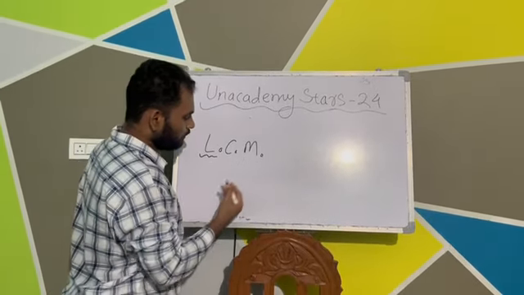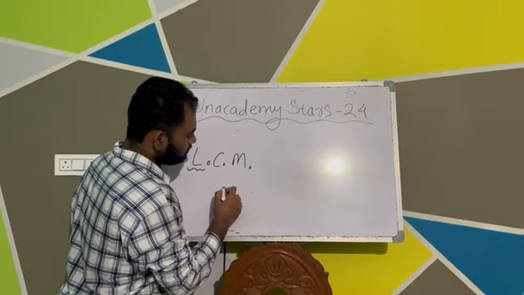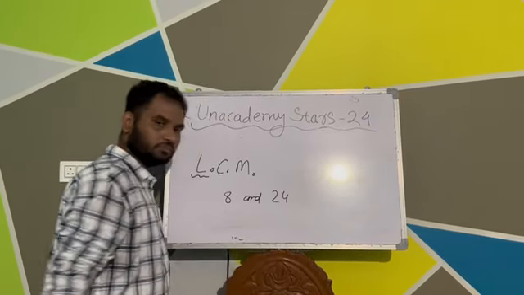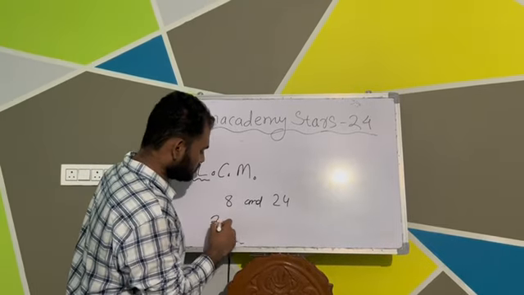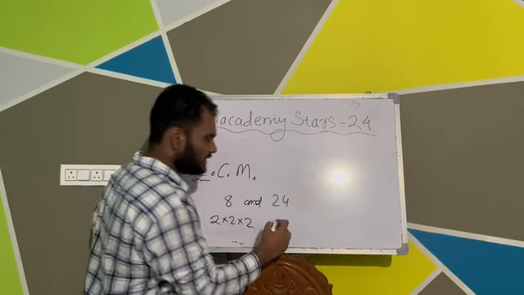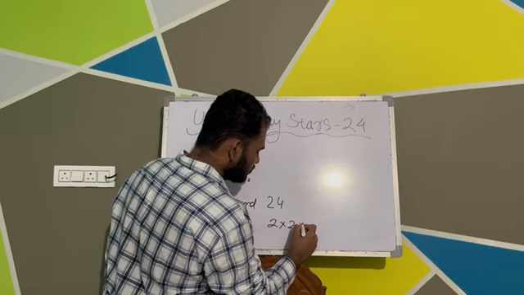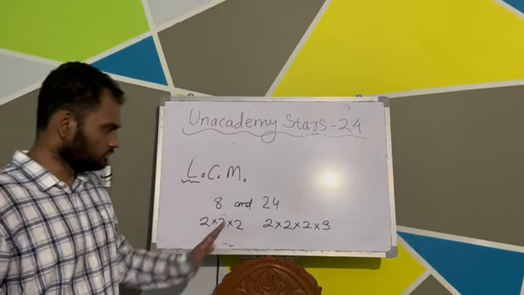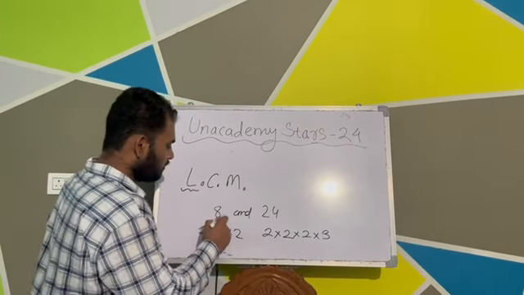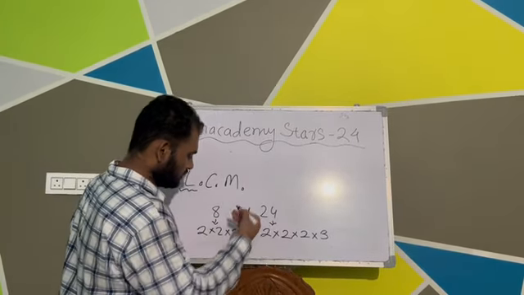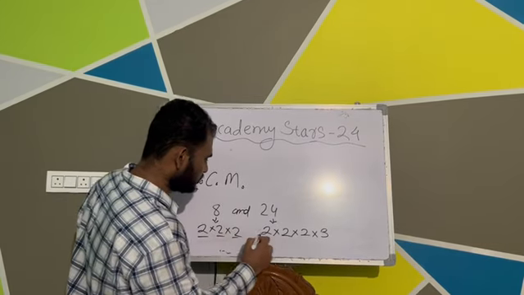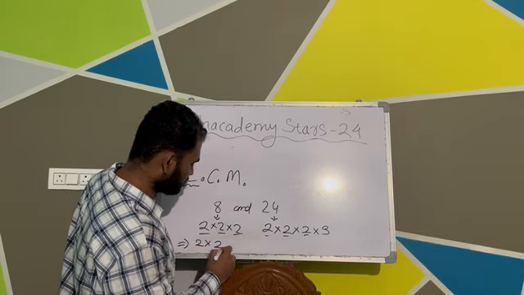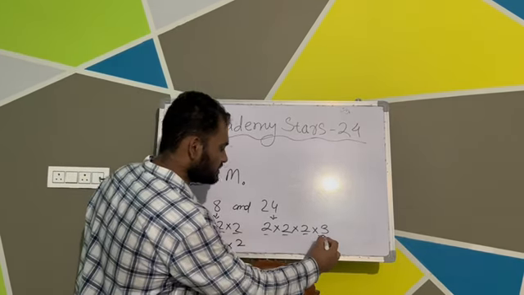For example, if we have to find out the LCM of 8 and 24, we can write 8 as 2 cross 2 cross 2 and 24 as 2 cross 2 cross 2 cross 3. These are the prime factors for 8 and for 24. The common factors are 2 cross 2 cross 2 and the uncommon one is 3.